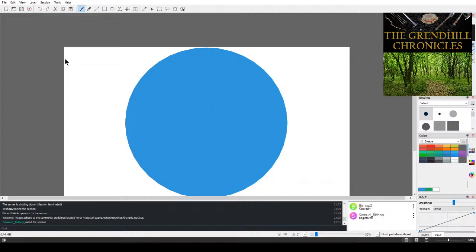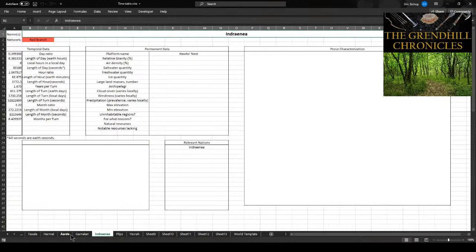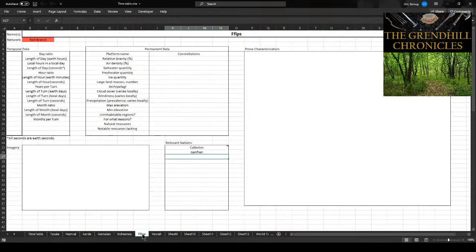So, what's the name of this one? Well, I don't know. Let me see what we need to create. I'm gonna look at my spreadsheet of worlds that exist: Tasala, Harval, Ard, Garnelon, Indrania, Phipps, Yevra.